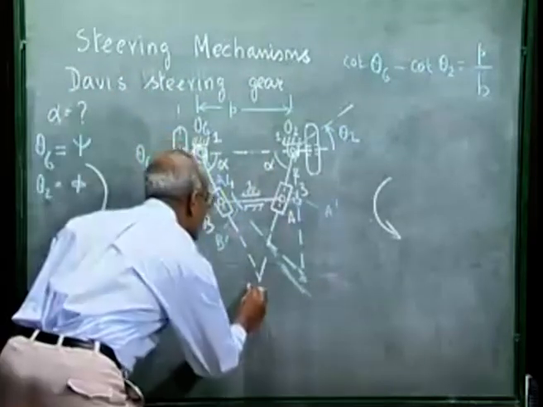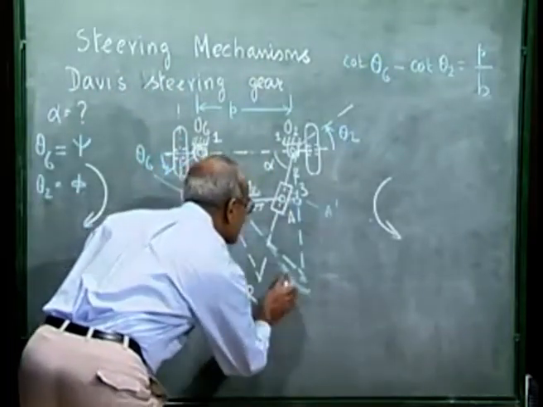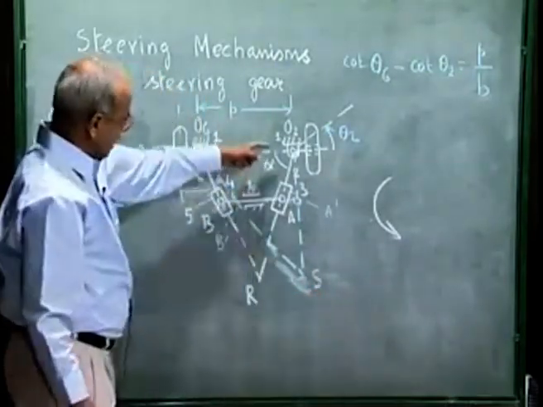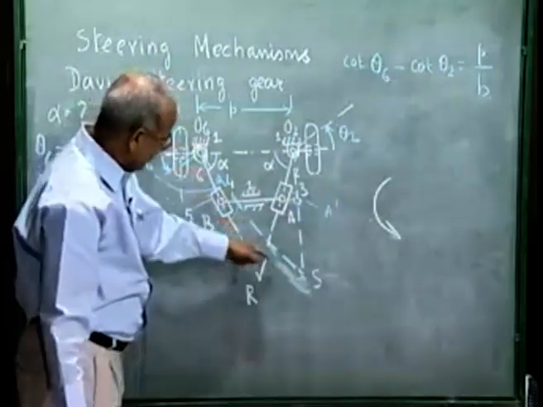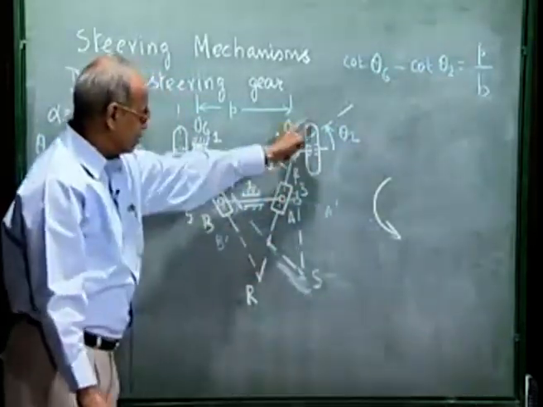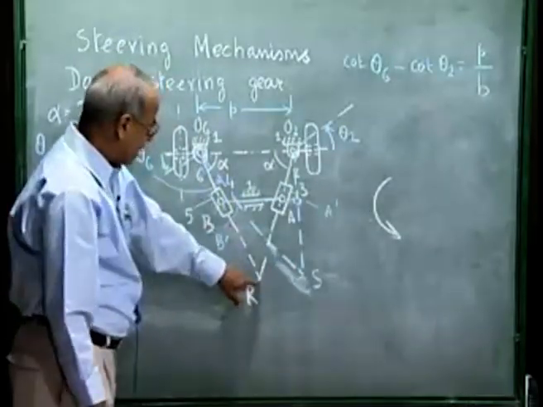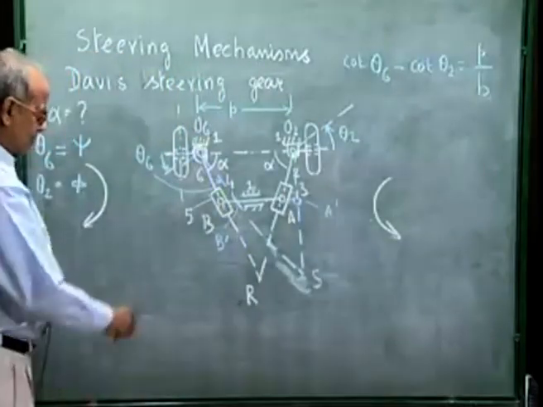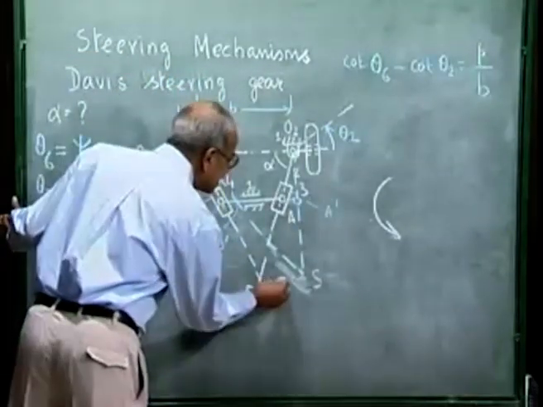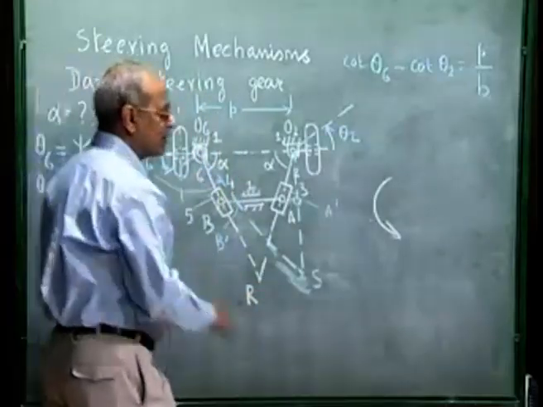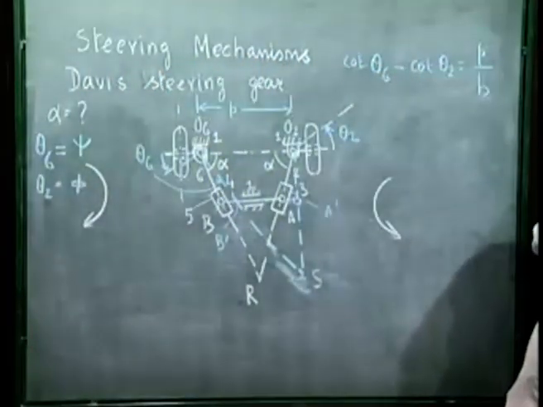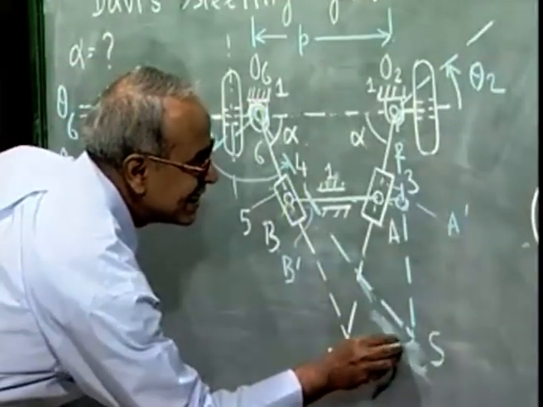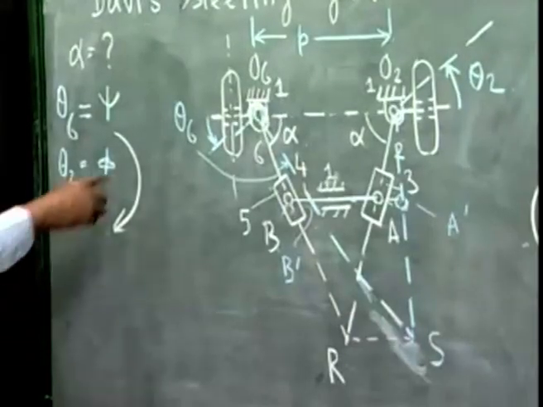We call this point R and this point S. Extension of link 2 and extension of link 6, in the static configuration, when the wheel was straight, meet at R. When the wheel turns, they meet at S. It will be very easy to show that this line RS, let me use a different color, that this line RS is parallel to O2O6.